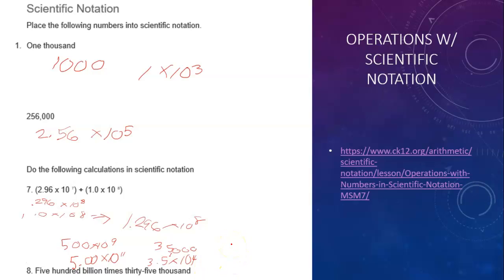Okay, so 5 times 3.5. If I calculated that out, please remember that you won't have access to a calculator, so you'll have to be able to do this. But 5 times 3.5 is 17.5.